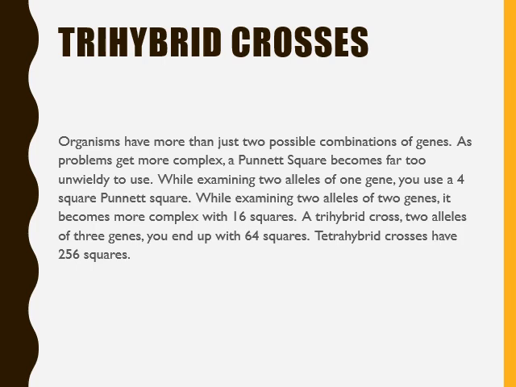Is it possible to do them using Punnett squares? Yes. It takes a very, very long time. And then imagine doing a tetrahybrid cross that has 256 squares, or a pentahybrid cross with, I think, 1028. You want to move away from using Punnett squares, just like you moved away from using number lines in elementary school.